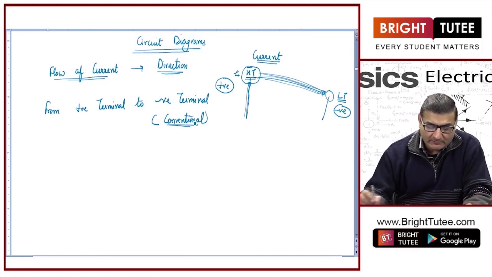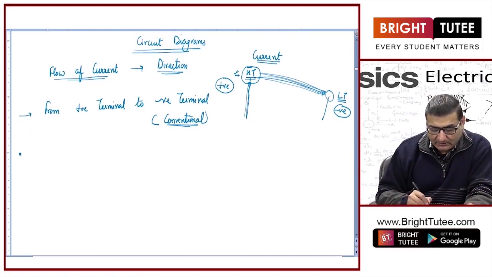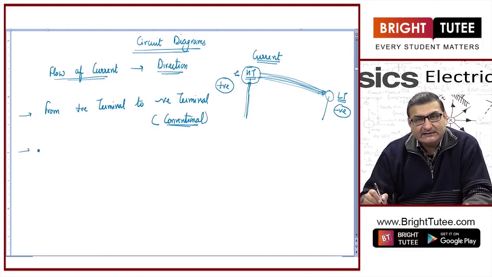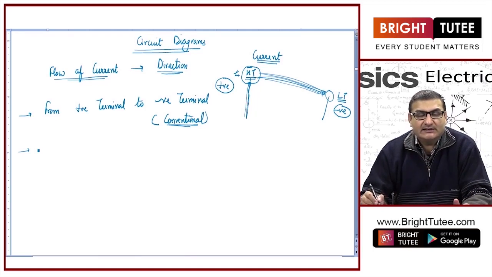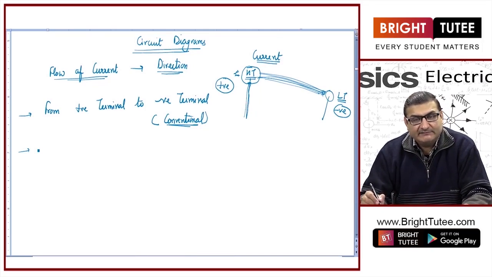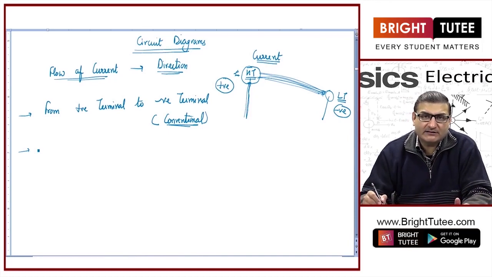But later on, with technological advancement, we came to know that the current is actually a current of electrons. The electrons, the negatively charged particles, are actually moving, because of which current is flowing. And the electrons always move from the negative terminal towards the positive terminal.